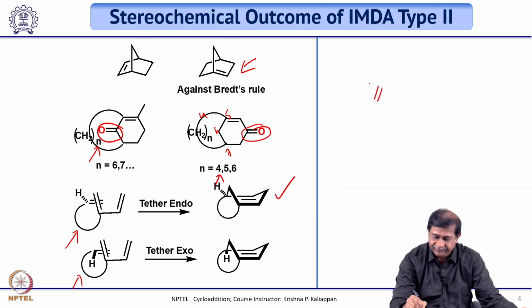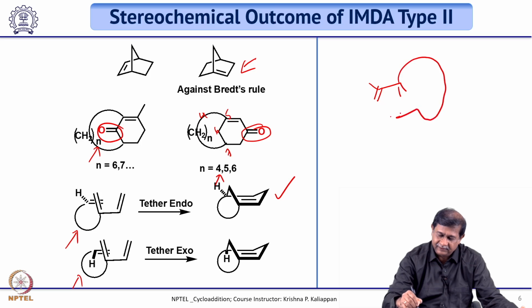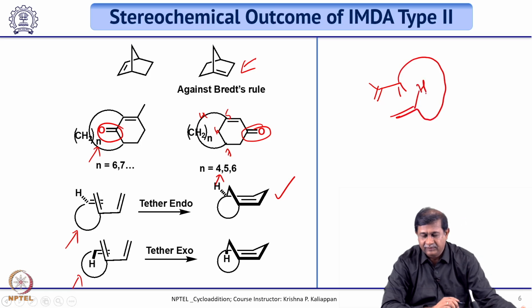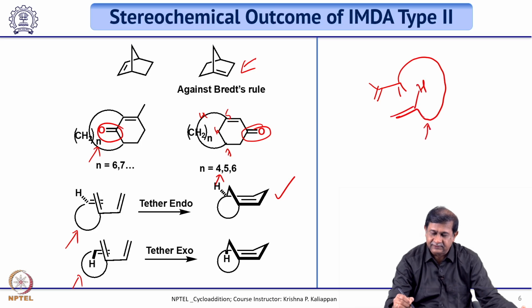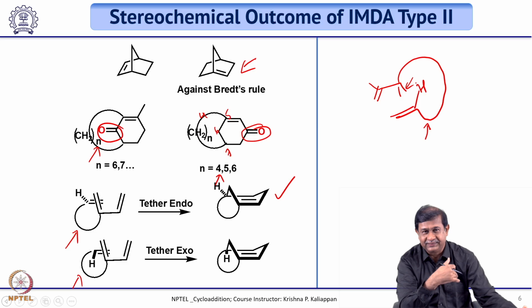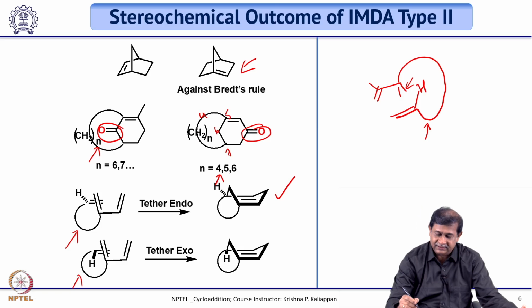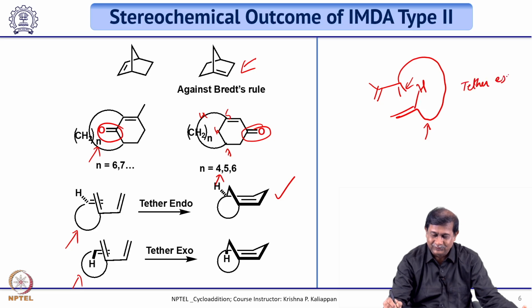For example, if you have a system like this, this is the tether. Now whether this tether and the diene are on the same side or opposite side, that is what matters. In this case it is the opposite side, so that means tether exo.